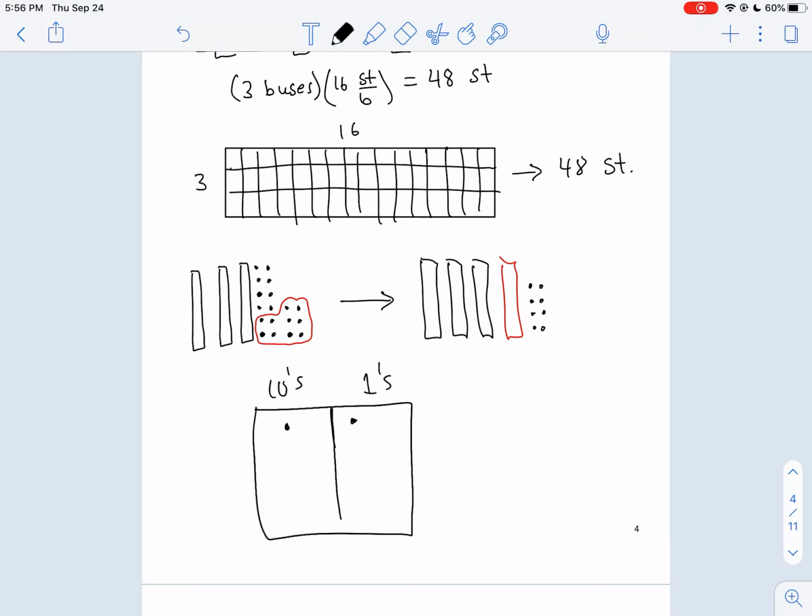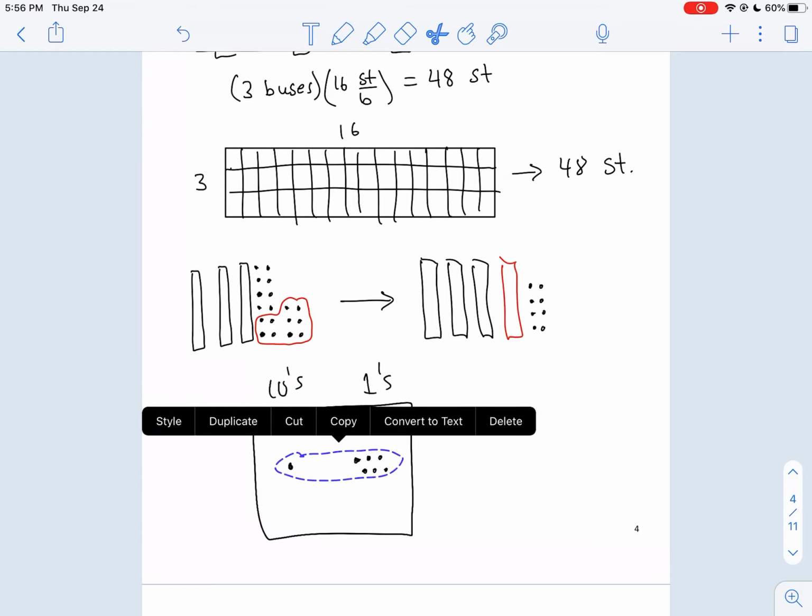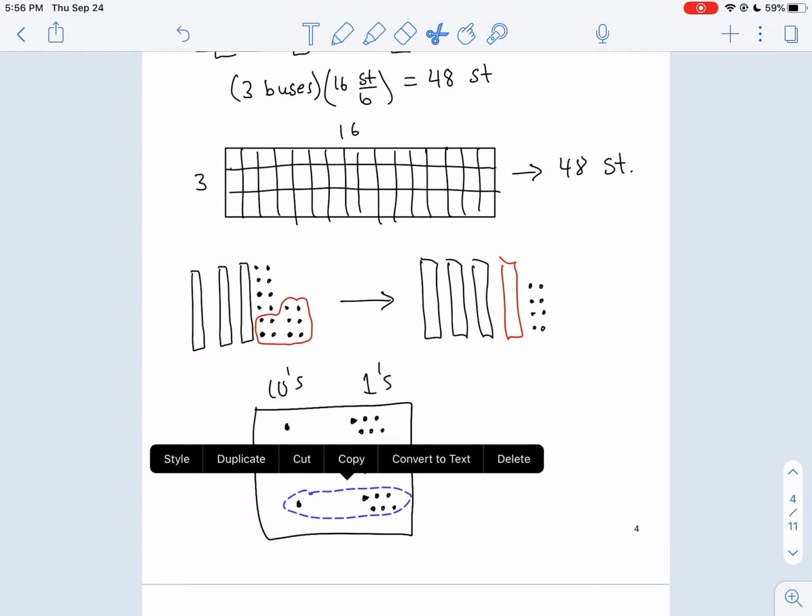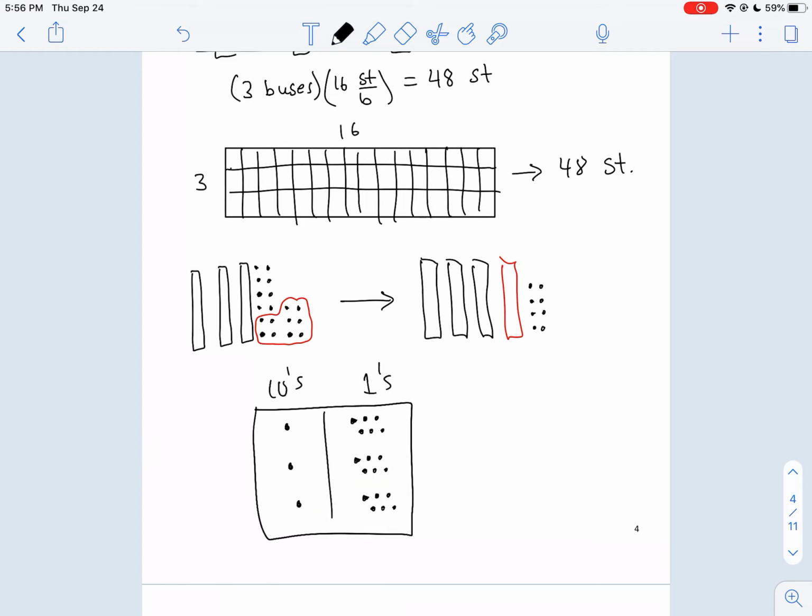So we had 1 10 and then 6 1s. And that represents the 16. But now we're going to copy this. So I'm just going to copy this, and paste it right here in the same table. And so now you can sort of see the three copies of the 16.